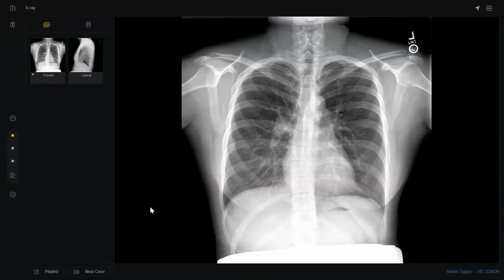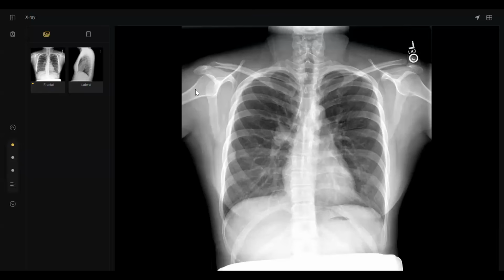Okay, so this is the frontal chest radiograph of a 35-year-old female who has presented with cough. I can see the right hilum appears dense and enlarged. Looking at the right bronchus, I think there is some opacity which is projecting over the right main bronchus as well.